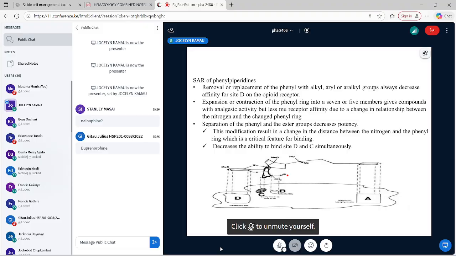I did mention that when that group at position 7 is very large, and the same applies even when this group here is very large, like when we have a phenyl ethyl group.